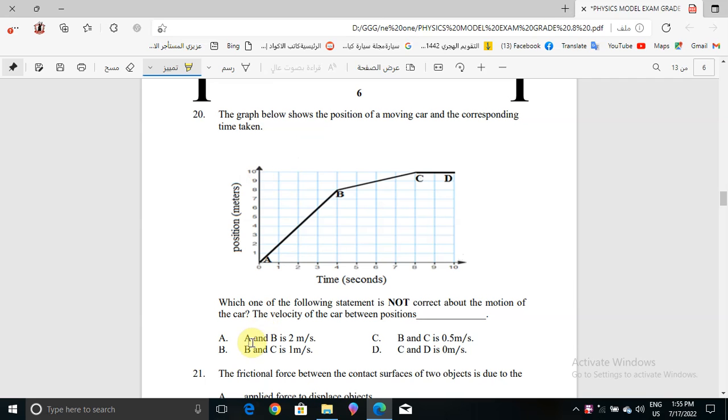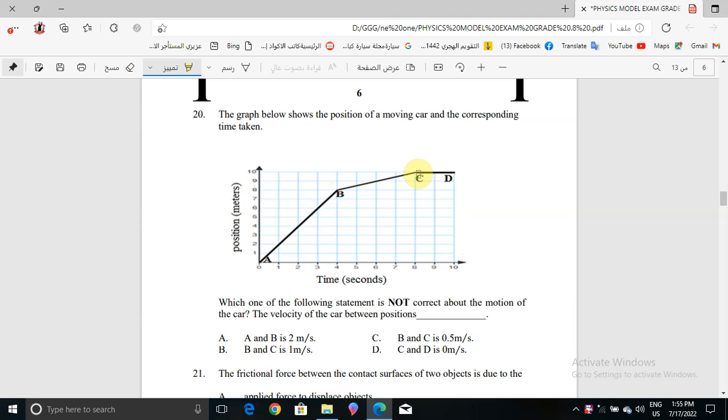Okay, we have A and B is 2 meters per second. Here we have 8 over 4, it will be by 1, and here by 2, so it's correct. Okay, leave it. Then we have in choice B, B and C is 1 meter per second.